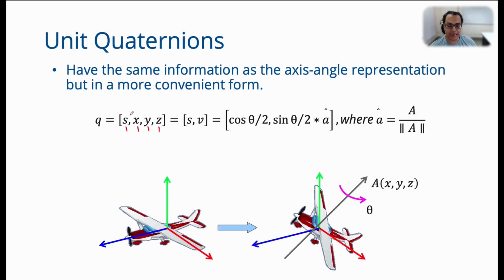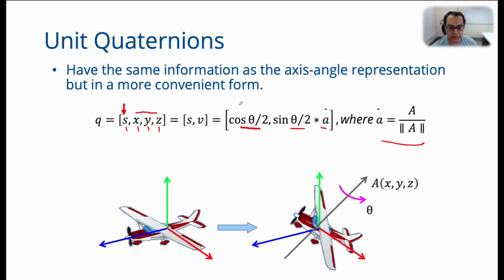And this is just another way of writing the axis angle representation, because S here is cos theta by 2, where theta is the angle of rotation about the axis, and X, Y, Z here is sine theta by 2 times A hat, where A hat is the unit vector in the direction of the axis.